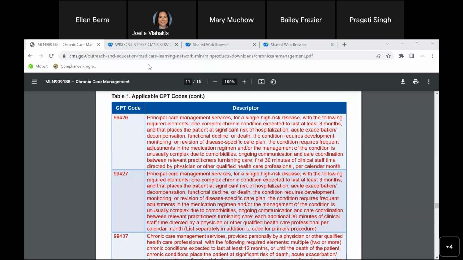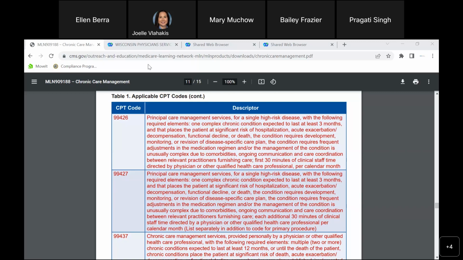So you've decided that CCM, you're going to start doing this and you're going to start with the patient Susie first. If you have seen Susie within the previous year, then you simply start.